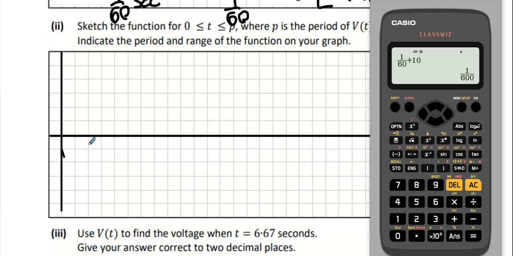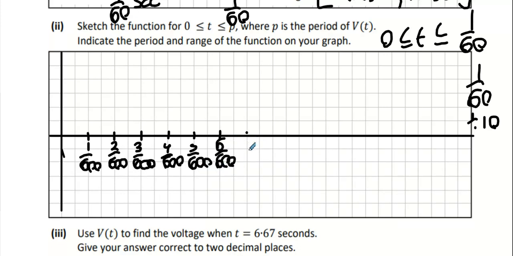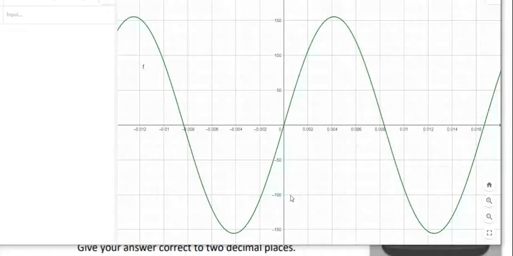It's going to be 1/600, then 2/600, 3/600, 4/600, 5/600, 6/600, 7/600, 8/600, 9/600, and finally 10/600. Now, believe it or not, it's going to be pretty much similar to this graph here.